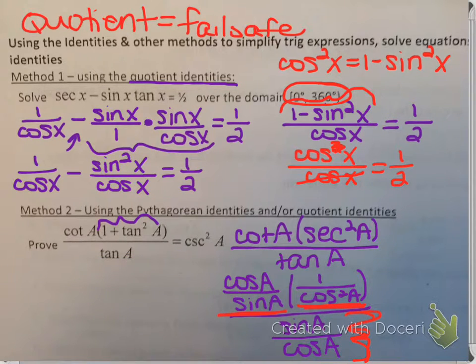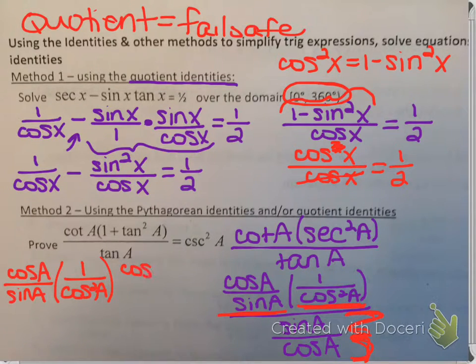I want to keep track of what I've done and what I'm looking at, so I don't want to flip to a blank screen. So I'm going to do a rewriting step. I have cosine of A over sine of A times 1 over cosine squared of A. But instead of leaving this down here written as division, I'm going to turn it into multiplying by its reciprocal. Cosine A over sine A.